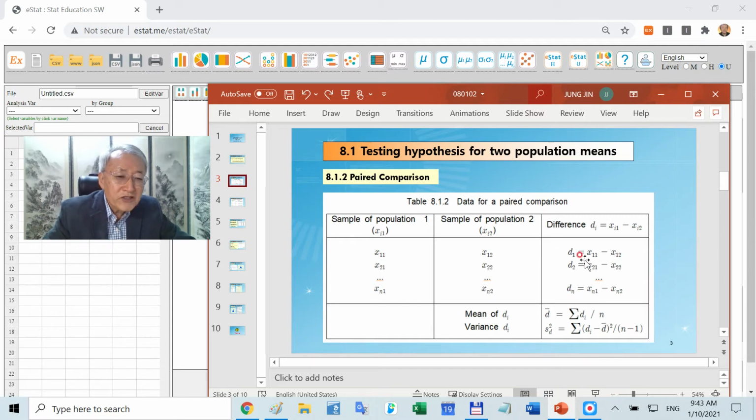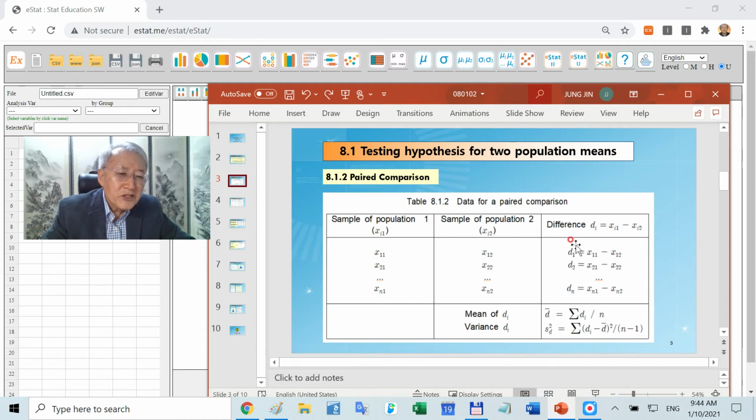On the difference data, you calculate the average, which we call d bar, and the variance of the d_i, which we call s_d squared. If the mean is close to zero, we assume there is no difference. If it is a positive number, then population 1, the people you did something to, is greater. If it is negative, we consider population 2 greater.